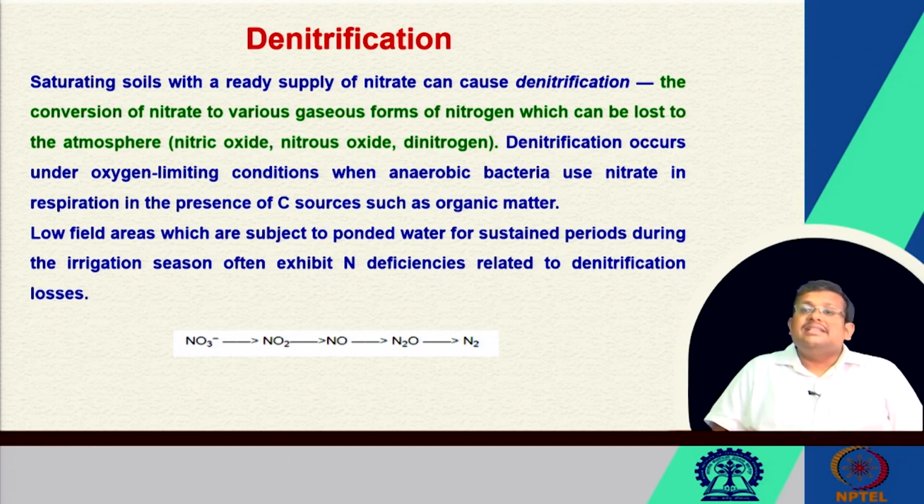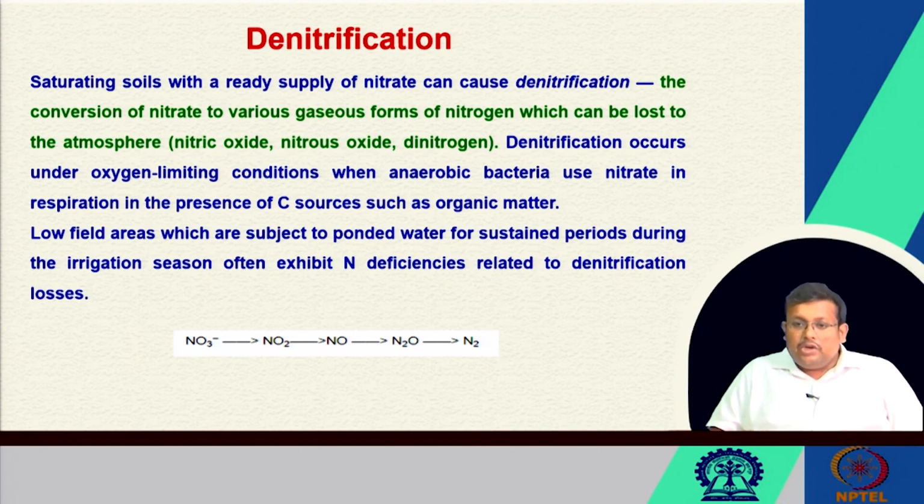So, they utilize this nitrate and reduce it back to different gaseous forms and ultimately to nitrogen gas. So, low-lying areas which are subject to ponded water for a sustained period during the irrigation season often exhibit nitrogen deficiencies related to denitrification losses.